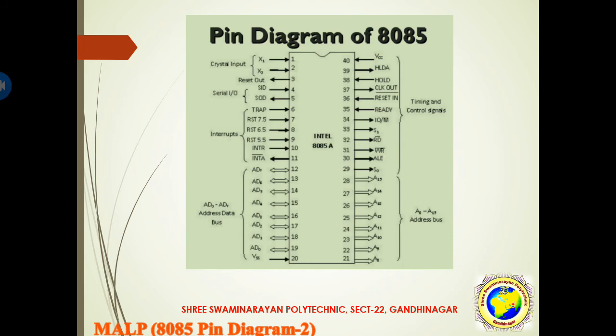Okay, so here we discuss each pin one by one. Here is the layout of the pin diagram. In the last session we discussed all these 6 groups, 1, 2, 3, 4, 5 and 6, and the signal description group-wise.